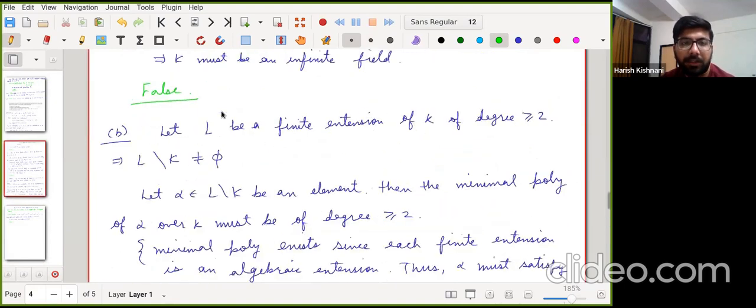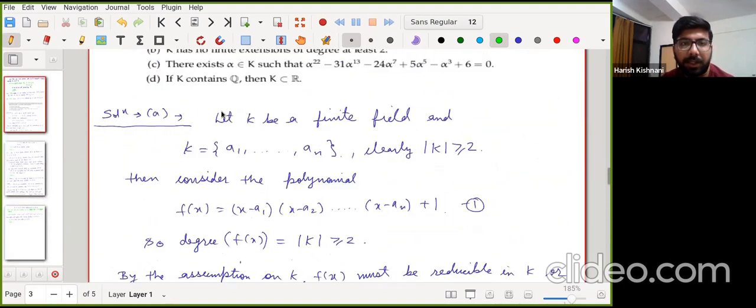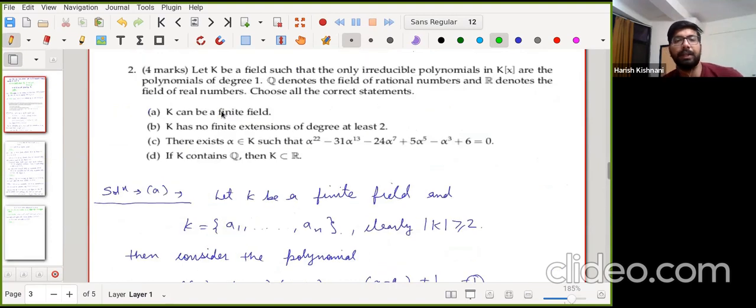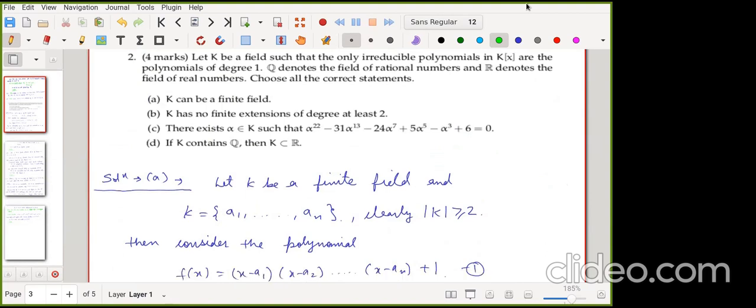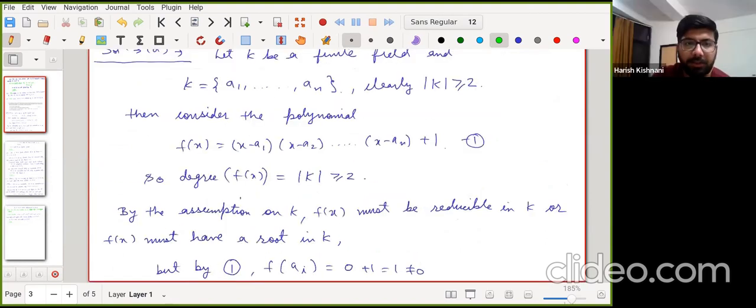Okay. Now let's go to part D. It says if K contains Q, then K contains R. So what do you want to say on this, Muthu?